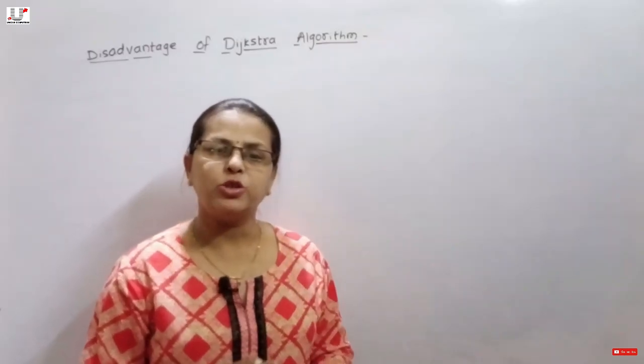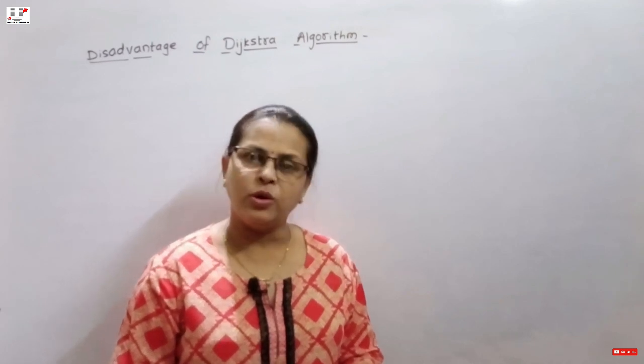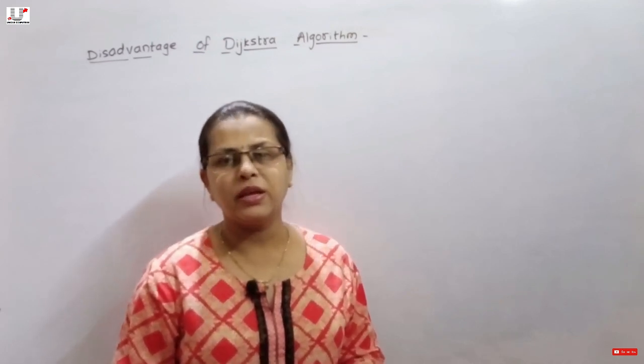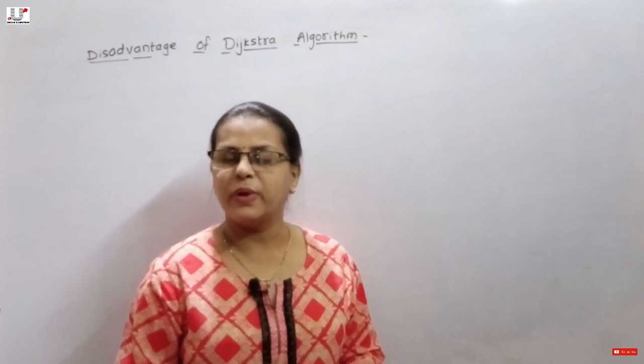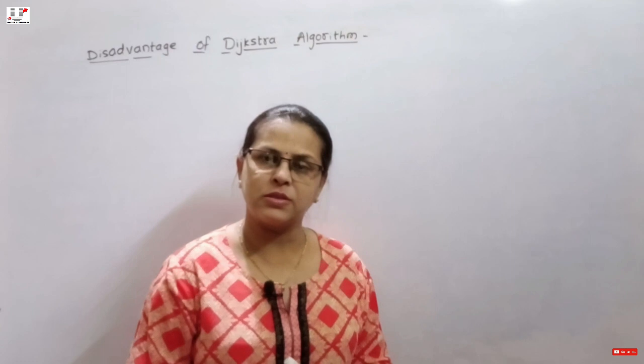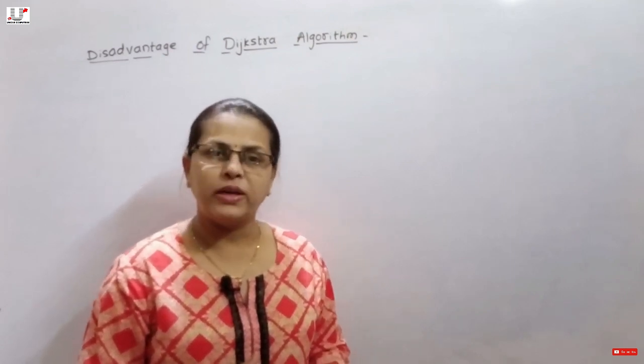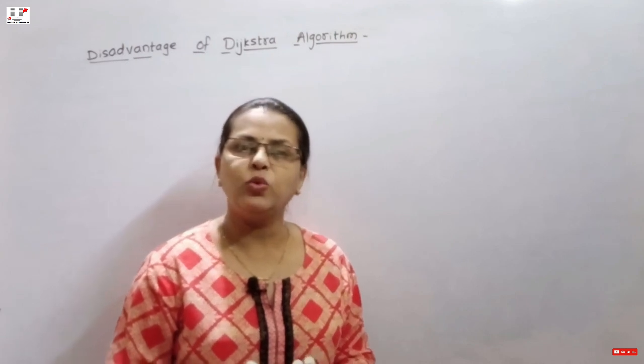Now the disadvantage of Dijkstra algorithm. Dijkstra will not work when a negative weight edge is present in the graph. Now let us consider a small example of a directed weighted graph having a negative weight.